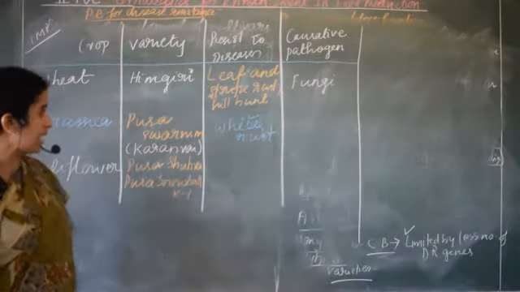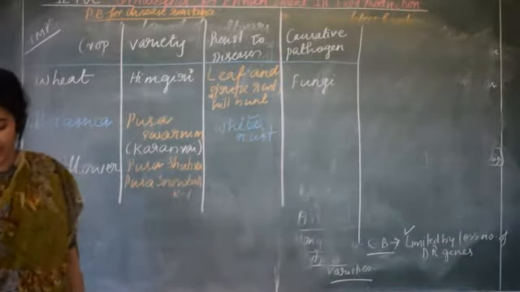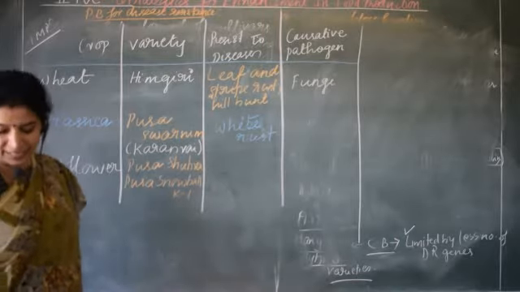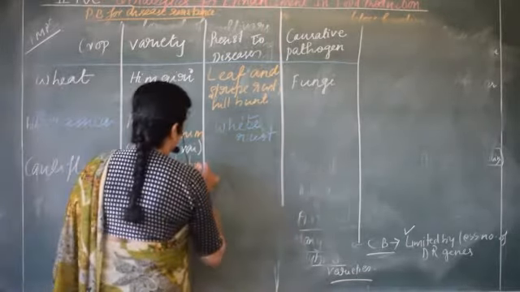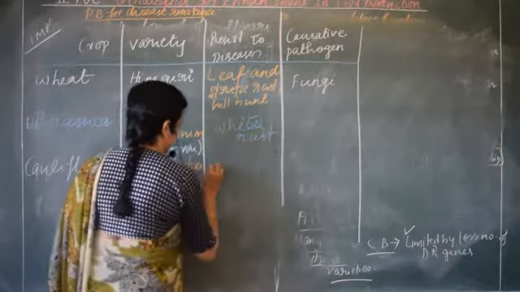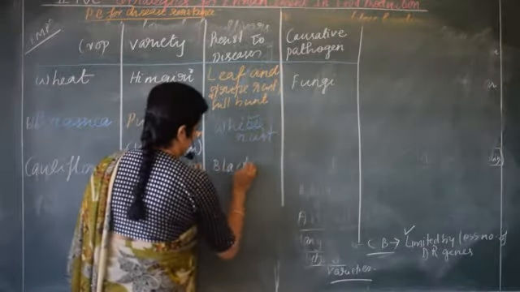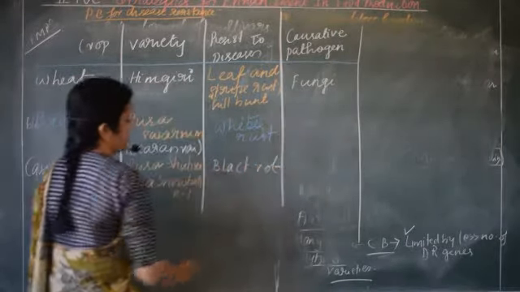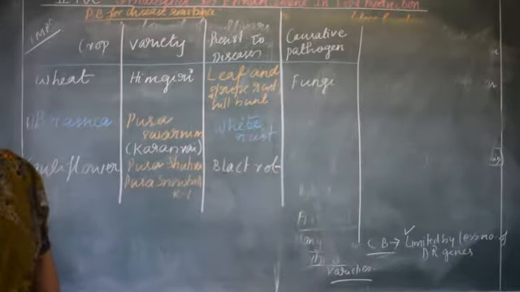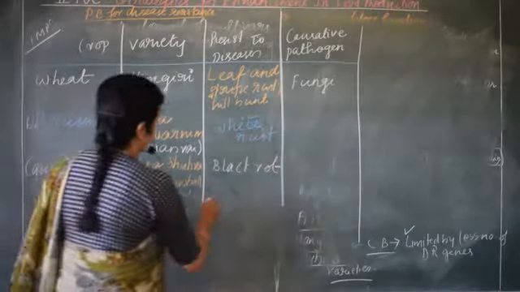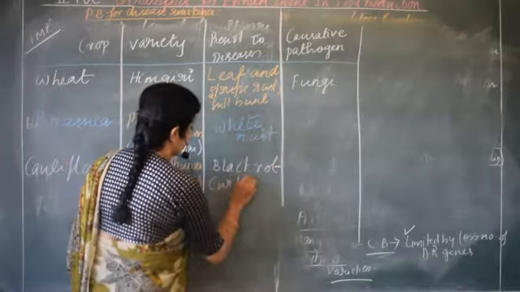And it can resist the disease named black rot, as well as curl blight disease.